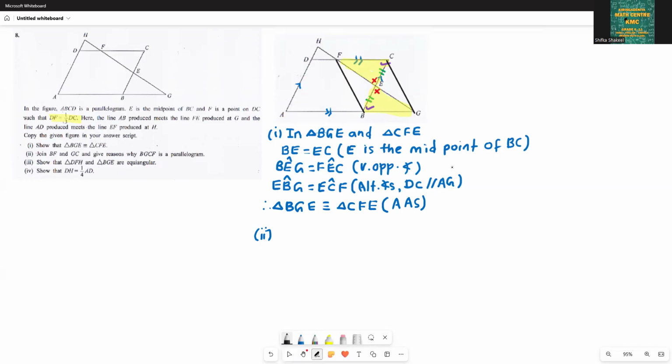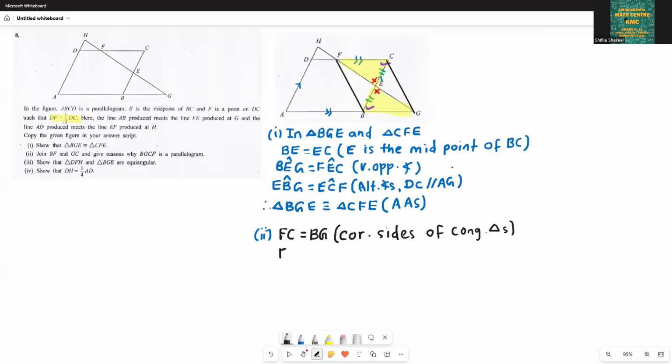So we can write FC is equal to BG. Why are FC and BG equal? Because corresponding sides of congruent triangles are equal.